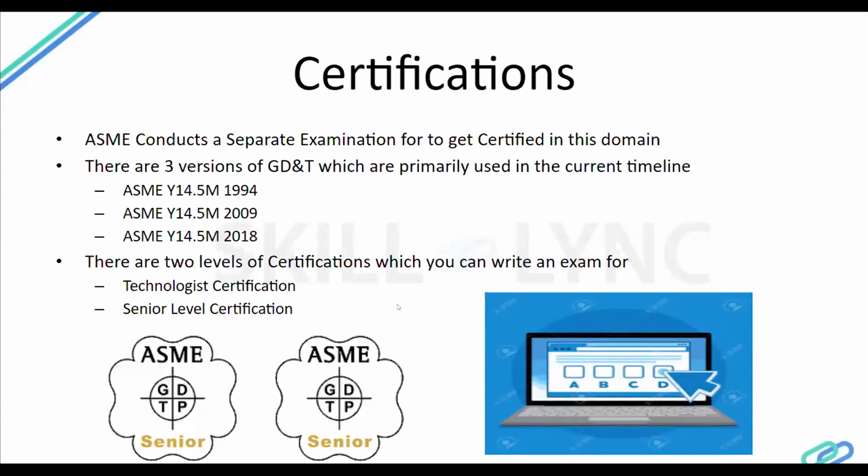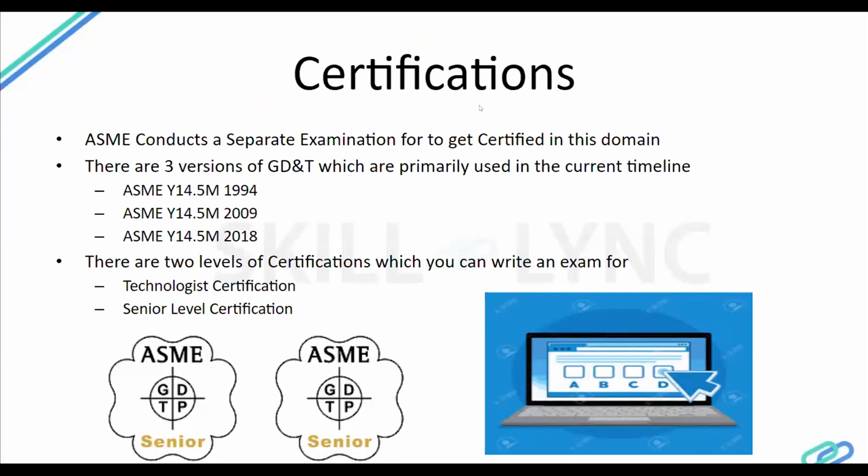And coming to the certifications, ASME conducts a separate examination to get this certification in this domain itself. If you go to the ASME site, you'll find various courses, like the 1994 version, the 2009 version, and the 2018 version.